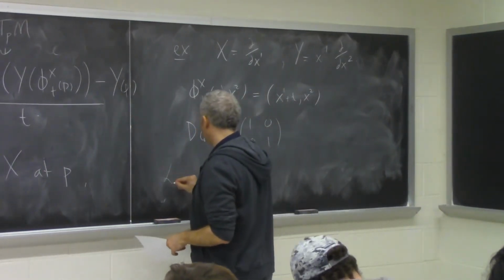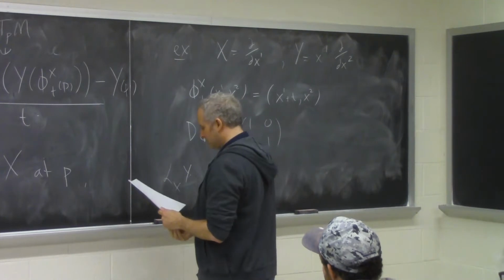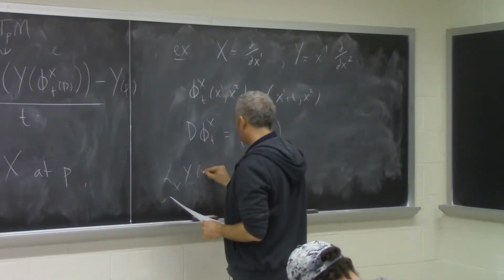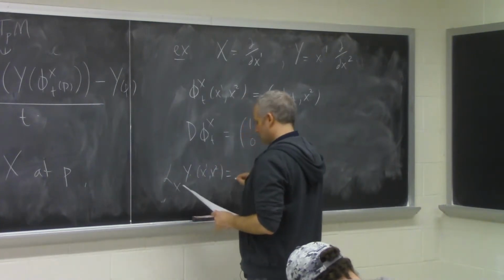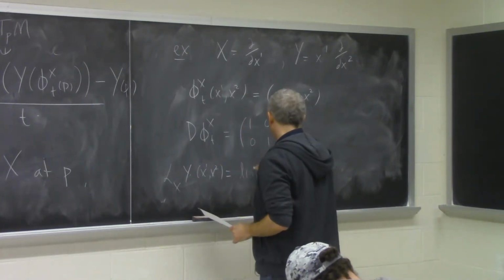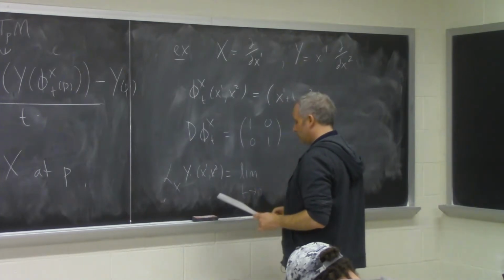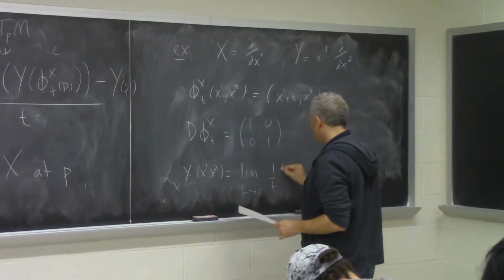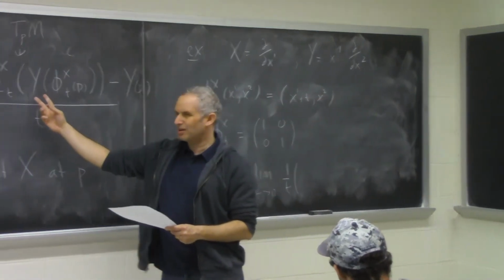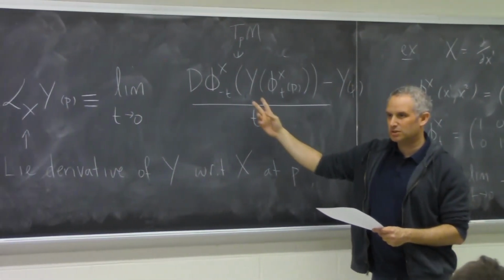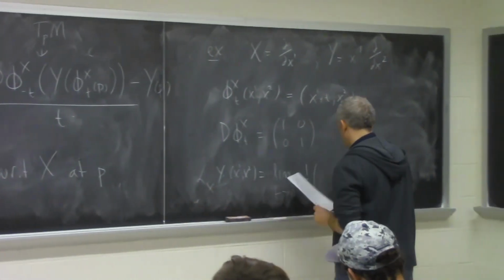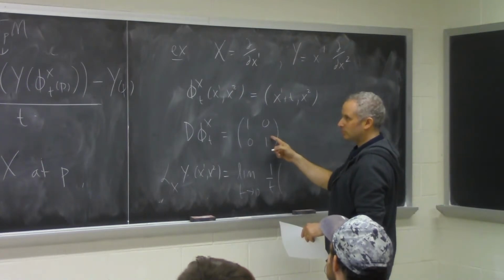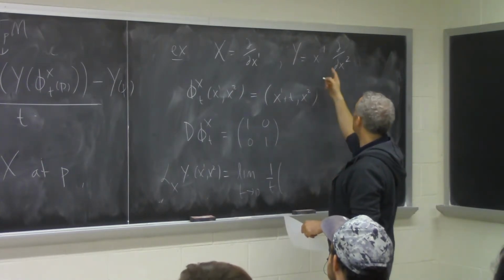So now if we compute L_x y and evaluate it at the point x1, x2, we have the limit as t goes to 0 of 1 over t. And then this should be a path of vectors in a vector space. So we get this acting on y.